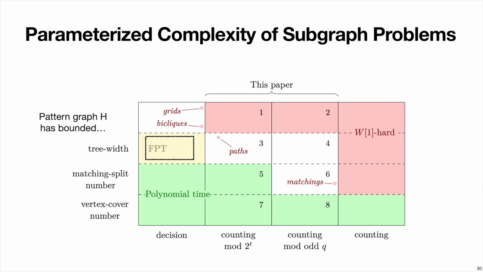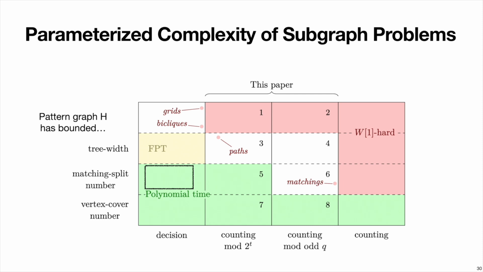When the tree width of the pattern graph is bounded, then deciding whether the pattern graph exists in the host graph as a subgraph is fixed parameter tractable using color coding, which is a classical, or by now classical, algorithm.